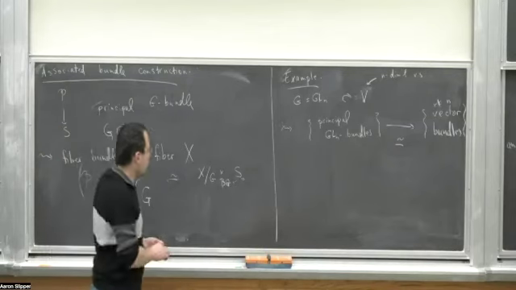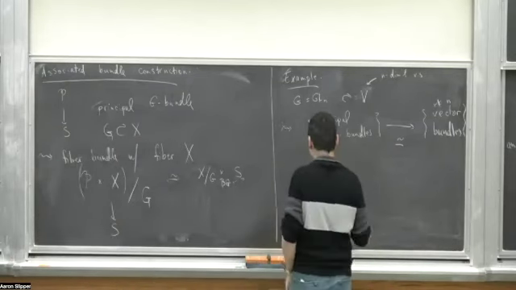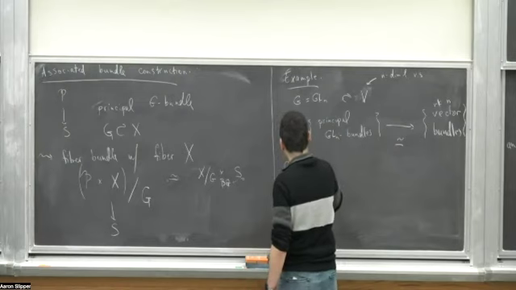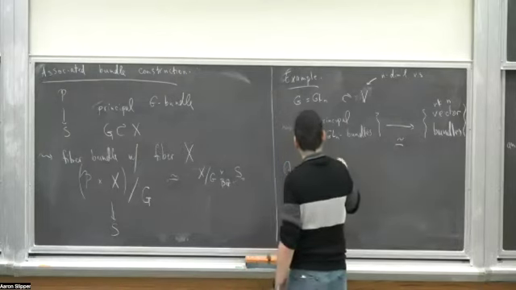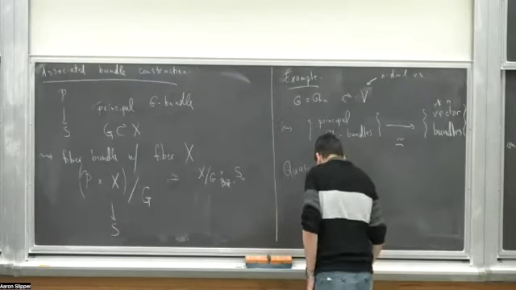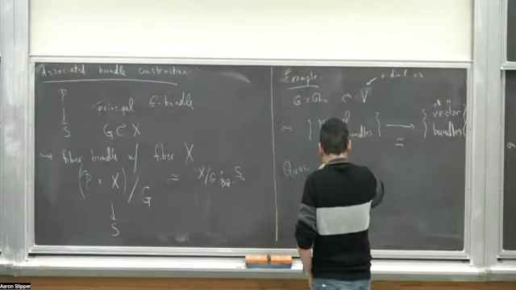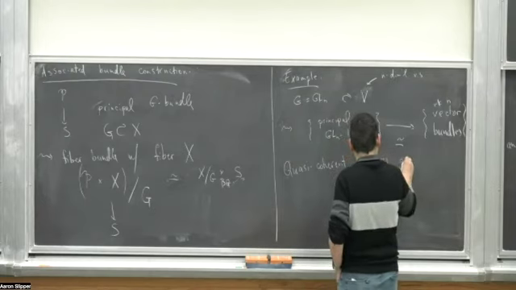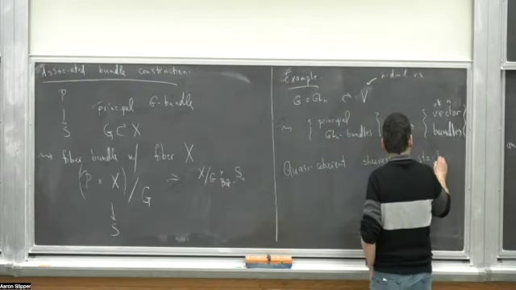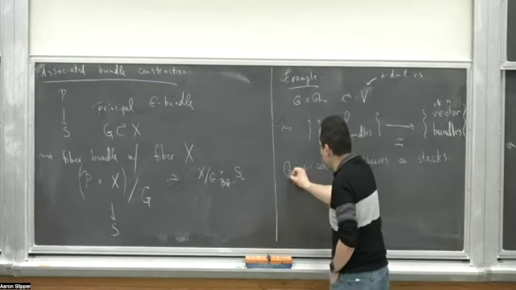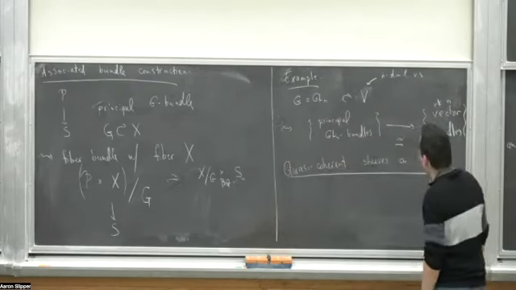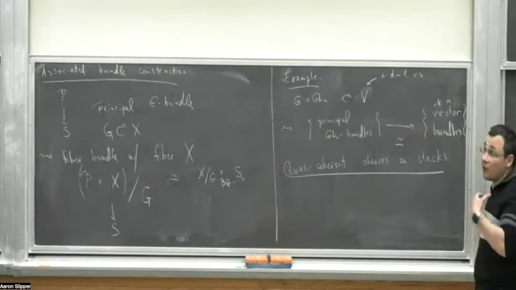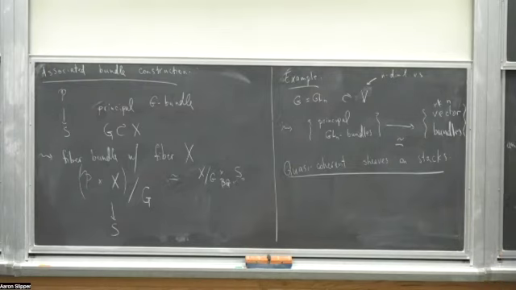While I'm on the subject, maybe let me mention that you can talk about quasi-coherent sheaves. I don't think I have time to get into it very much. Formally, you can study quasi-coherent sheaves on any functor of points.